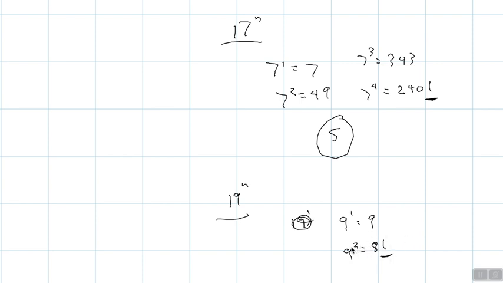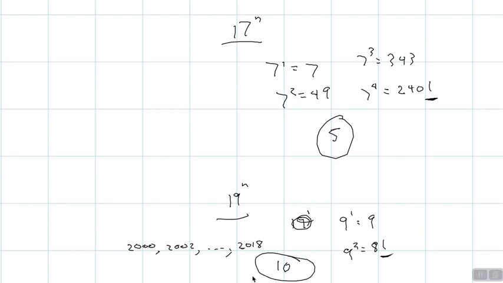So every even power, we're going to get a units digit of 1. So that includes 2000, 2002, all the way to 2018. And so the number of possibilities here, number of numbers here, is 10.